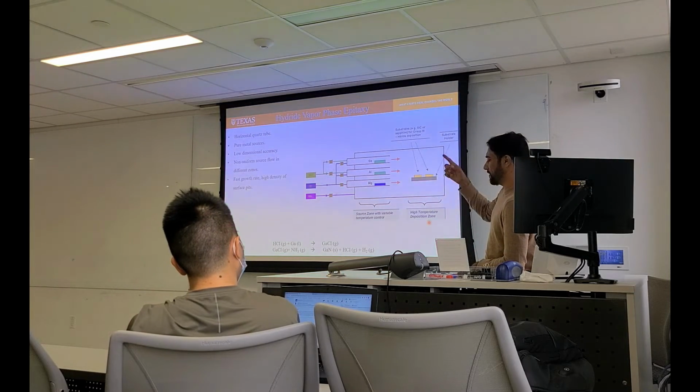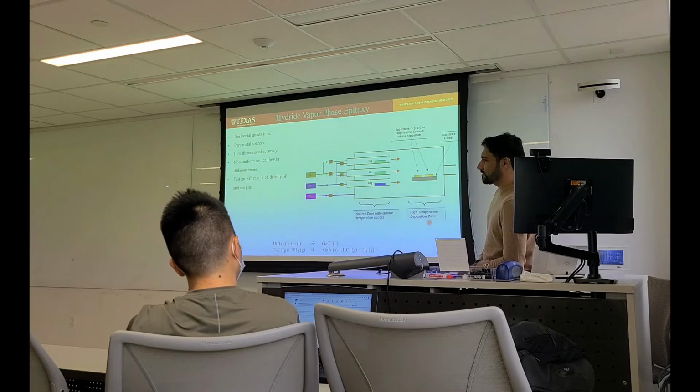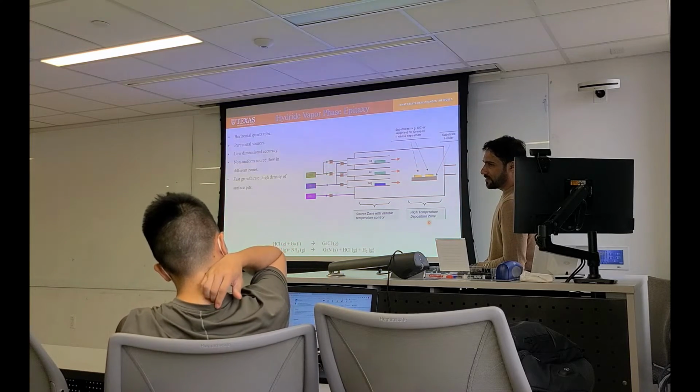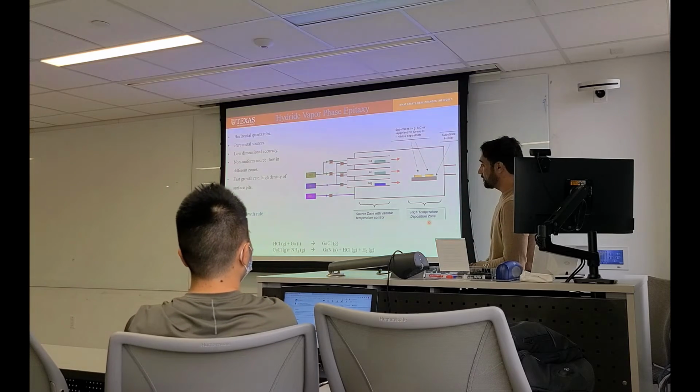Heater is actually wrapped around the quartz tube. So you have uniform temperature at the top side of the substrate, at the bottom side of the substrate. That is the plus point for HVPE. But problem is that the crystal grown by HVPE, they have a lot of defects, pits, surface pits. You can achieve very high growth rate, around 500 micron per hour.